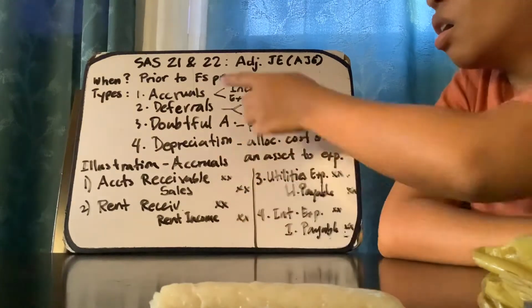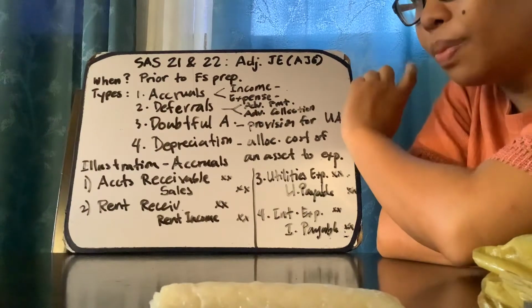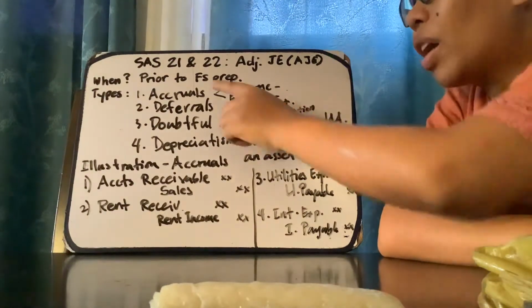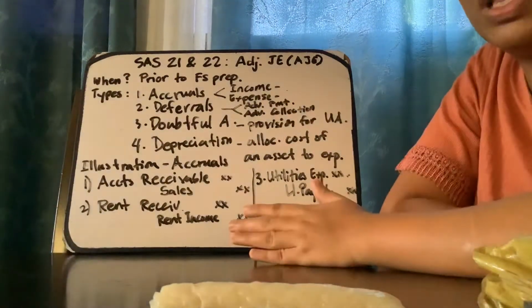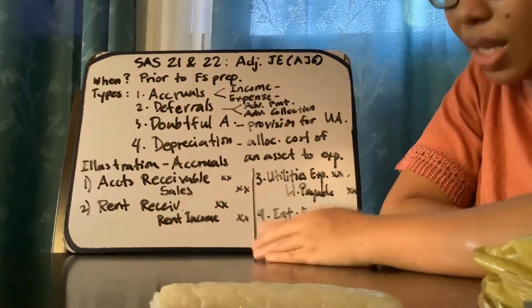Why? We need to learn how to record adjusting journal entries when we are about to prepare our financial statement. We cannot complete the FS if we do not know how to record AJE.